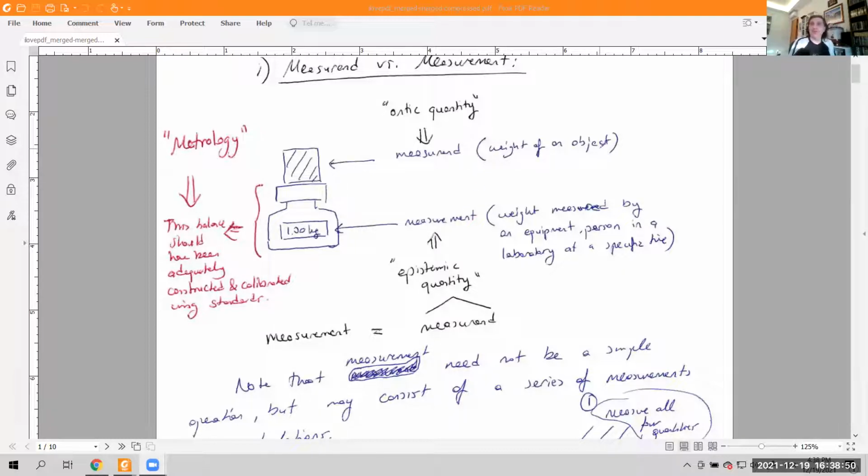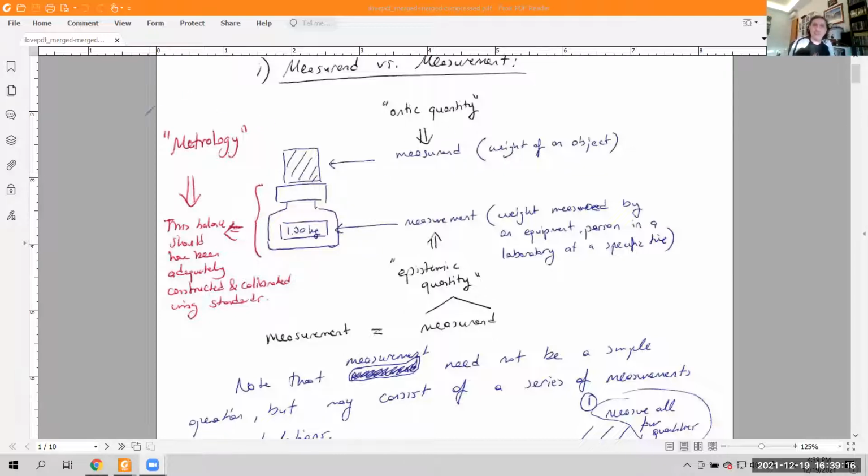So if the weight of the object essentially is a measurand, our measurement is actually the weight measured, computed, maybe using a theory, by an equipment, a person, all these combinations in a laboratory at a specific time. And one may easily ask here, how are we going to guarantee that the measurement will be a correct reflection of the measurand?